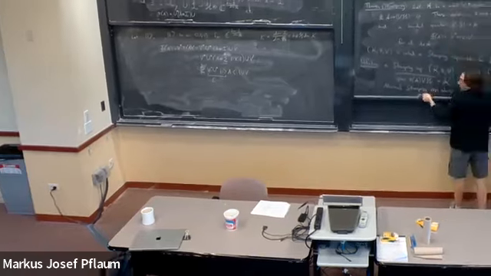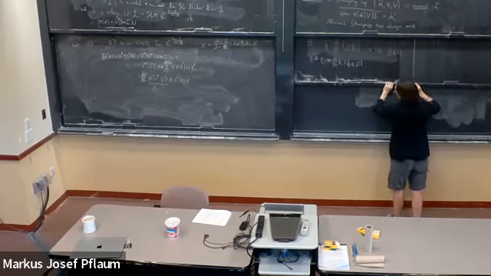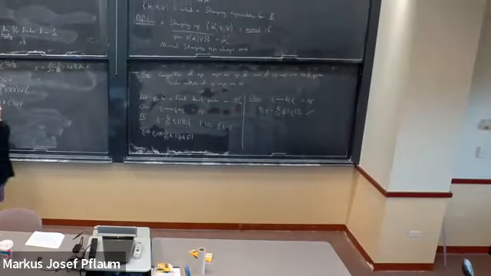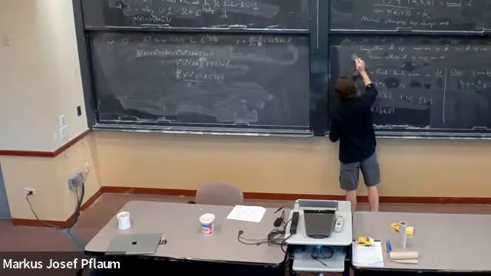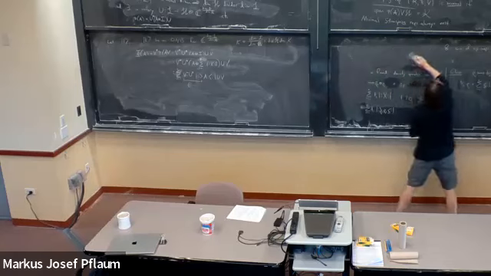We're still not where we wanted to be. This is called the operator sum representation, right? This sum of E_i A E_i star is called the operator sum representation for your completely positive map.